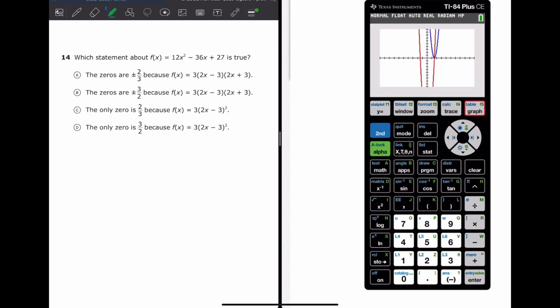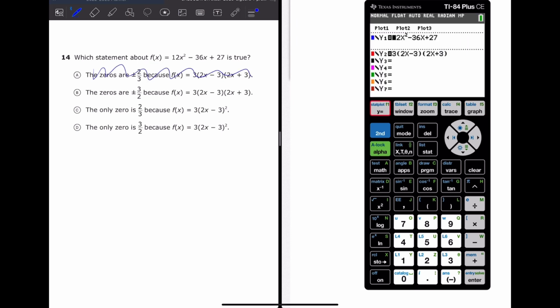Graph it and compare. Not the same. Go on to the next one.